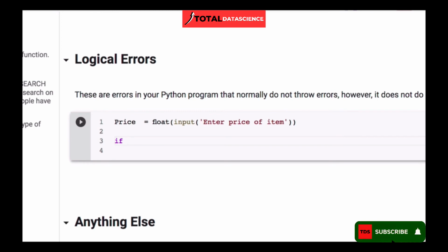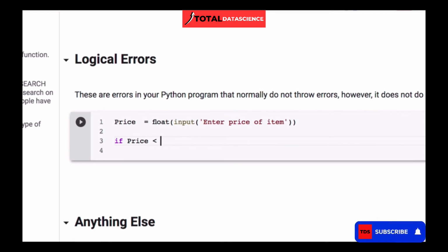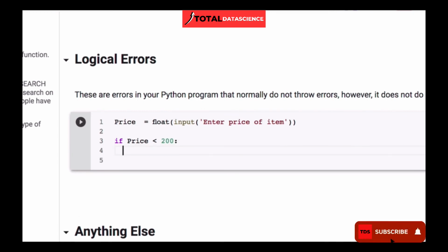If the price is below my budget, then I can buy. So let's say my budget is $200. But if the price is not below my budget, then I'm going to print this is too costly.